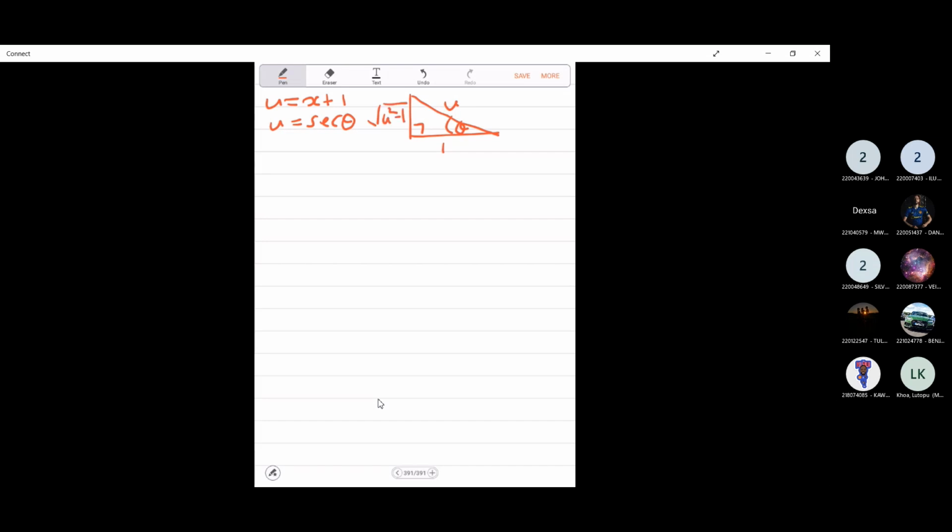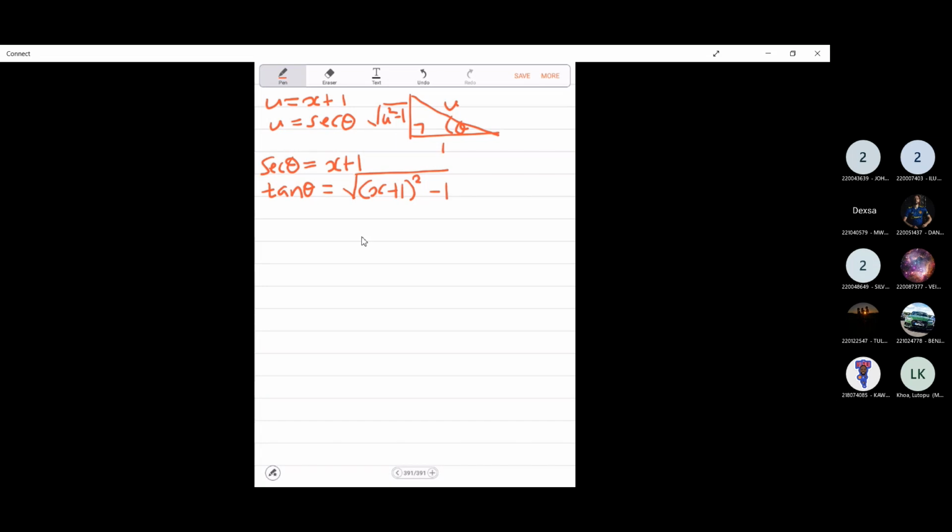So sec theta in terms of x is x plus 1. Then tan theta would be the opposite over the adjacent, and we write it in terms of x. So this is the square root of x plus 1 squared minus 1.